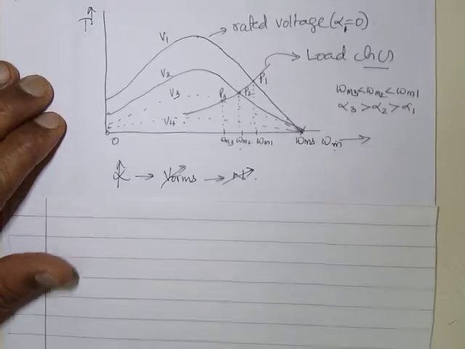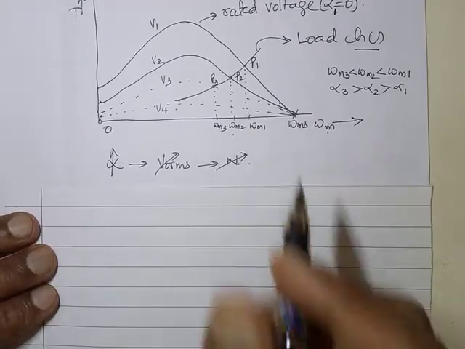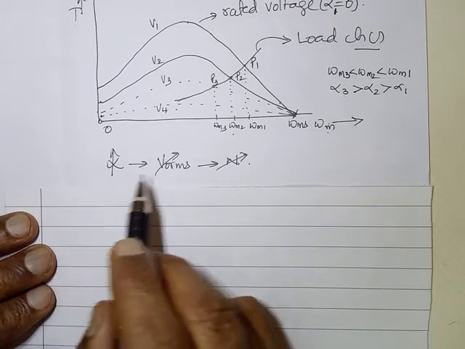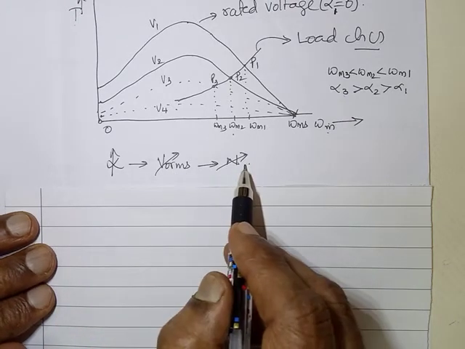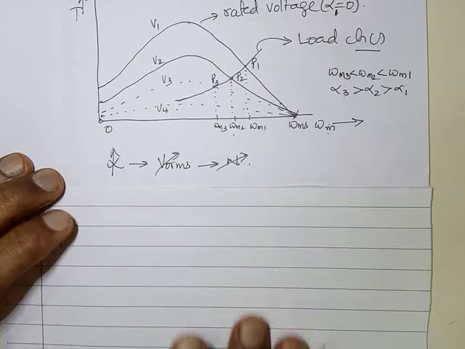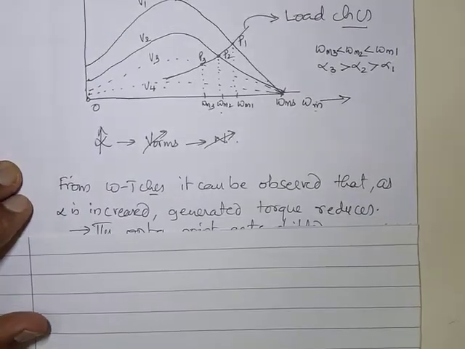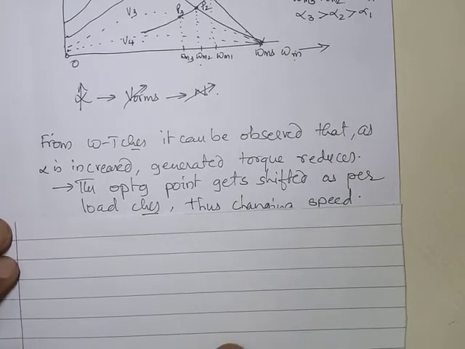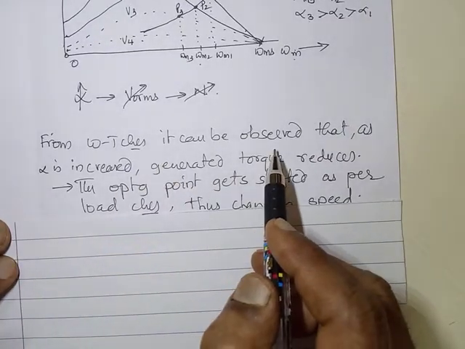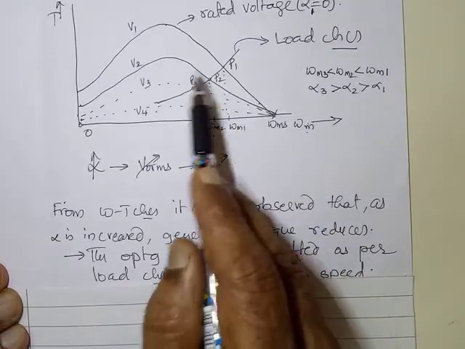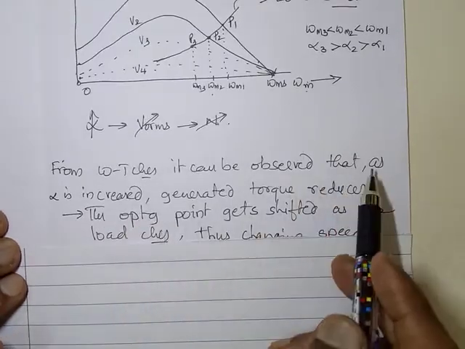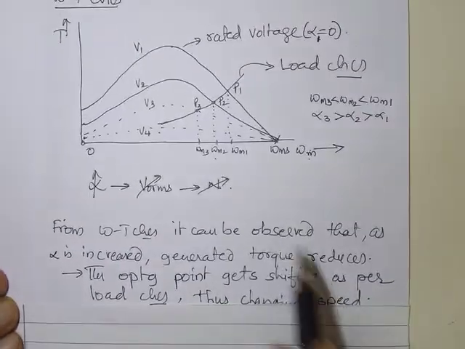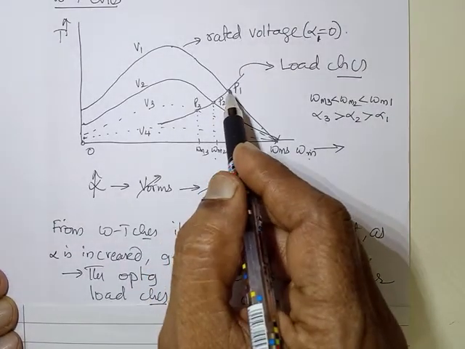Look at this. This is the same statement as I have made. Change in alpha, change in the voltage, change in the speed. But you can see here, when the omega-T characteristic is keenly observed, as alpha is increased, the generated torque reduces.